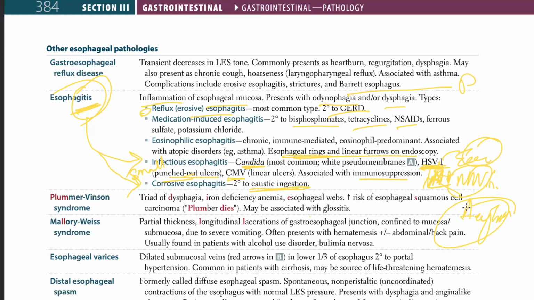While the CMV, cytomegalovirus, on the biopsy you have intranuclear and cytoplasmic inclusions. So not only intranuclear, this guy only had the intranuclear inclusions, right?